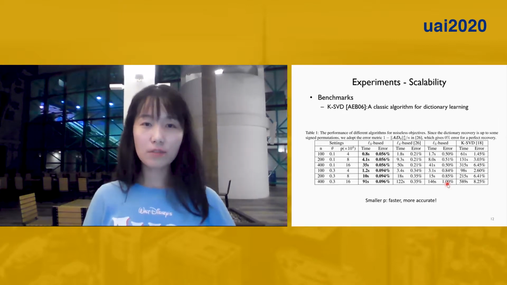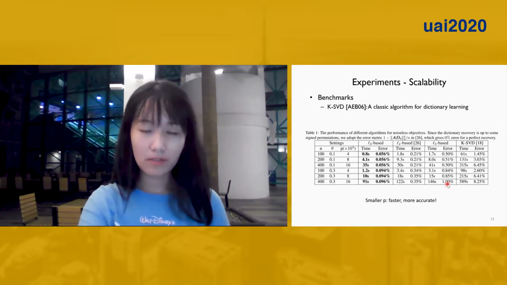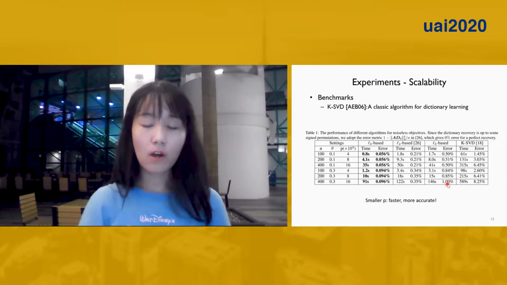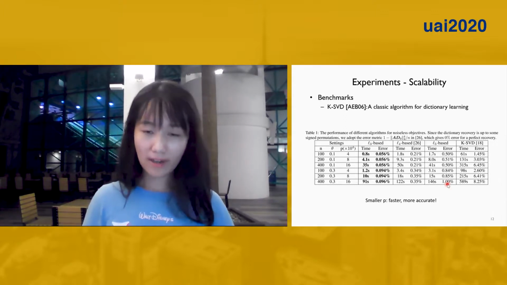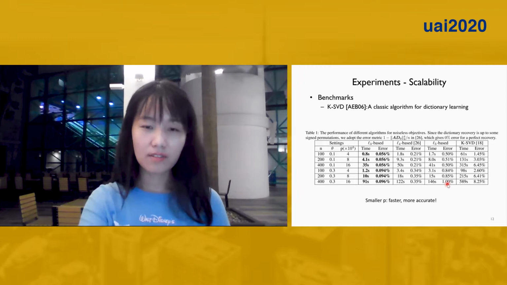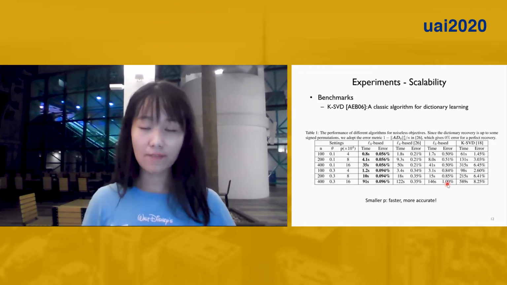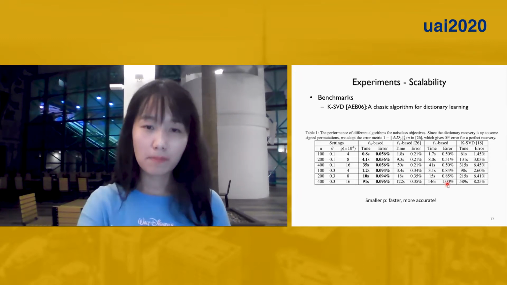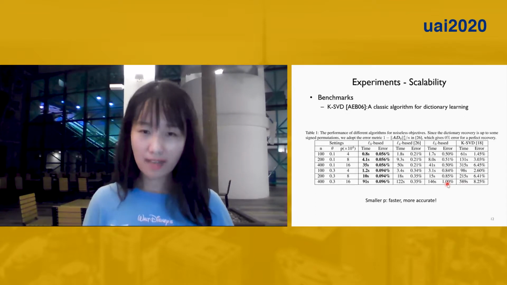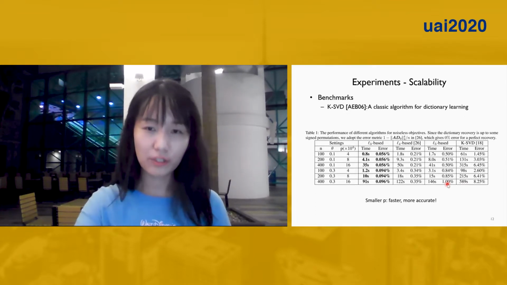And we also did some experiments. This experiment shows that smaller p will bring us a more accurate result, and a smaller p will also have a faster implementation because it has less computation in each iteration.